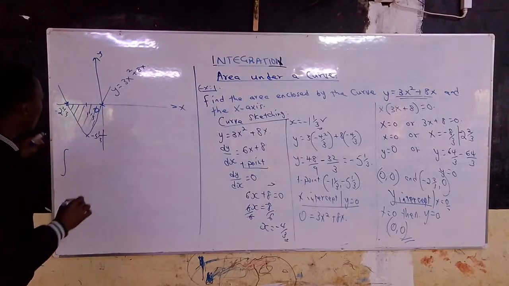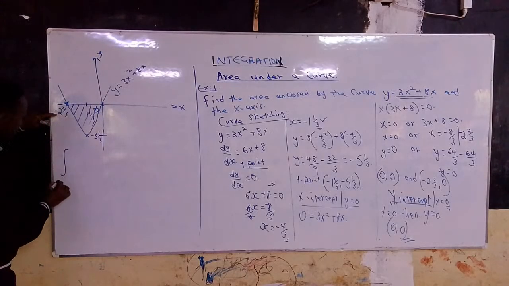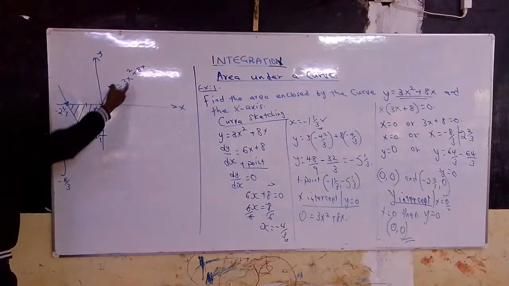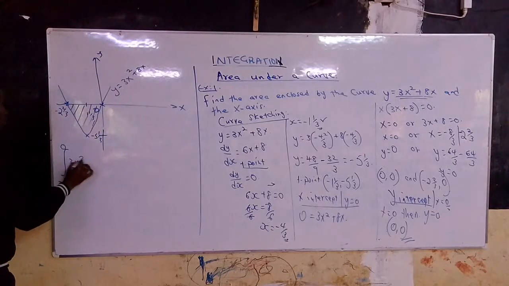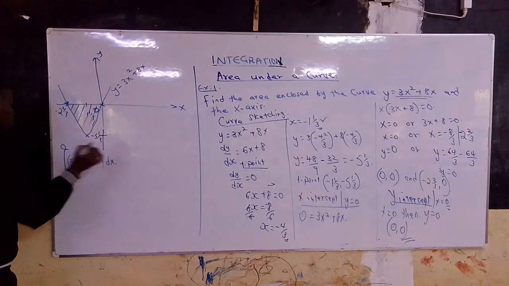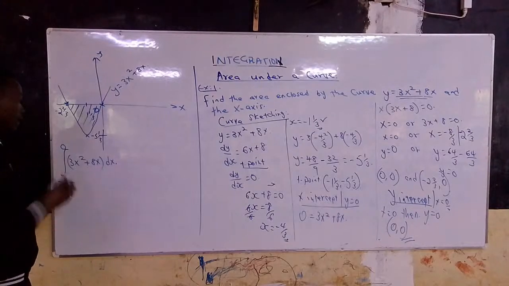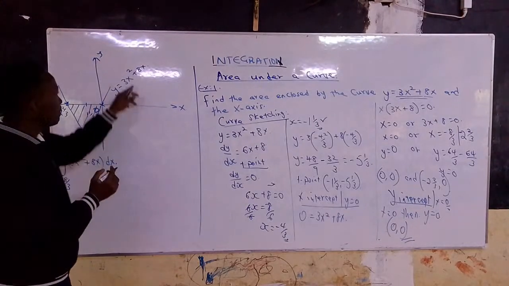Our integral boundaries will be between negative 8/3 and 0. And we are integrating our function, 3x squared plus 8x, with respect to x.